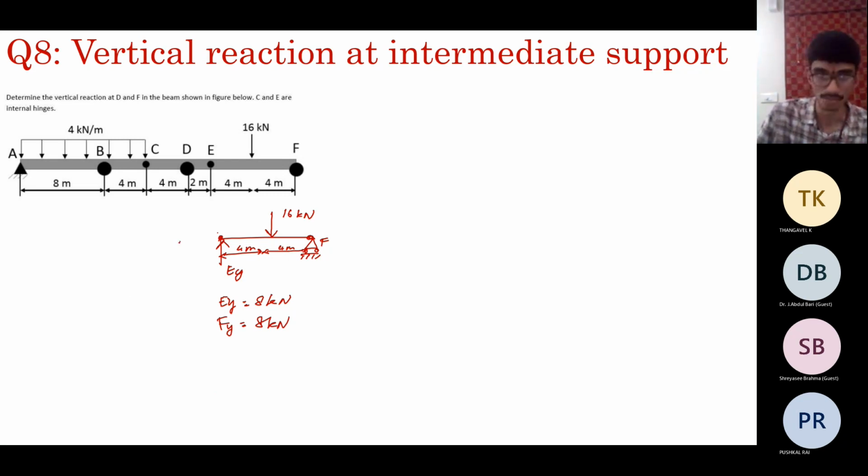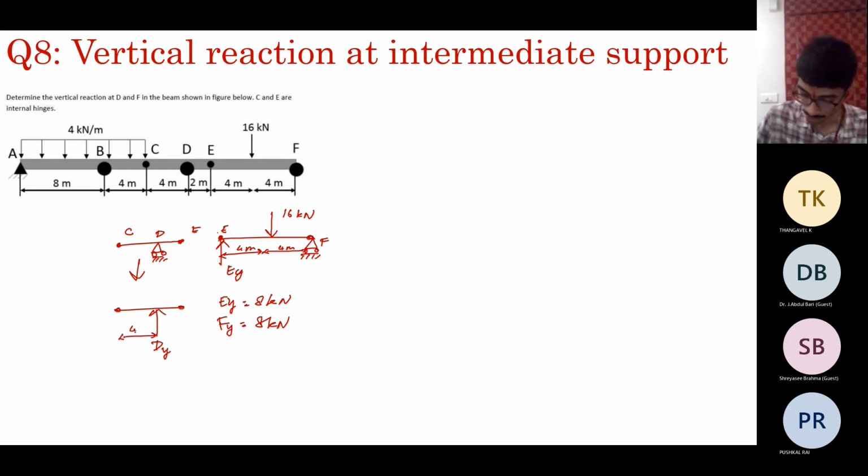Now go to the next span. This is E, this is C, which is also an internal hinge. And here you have a support D. So you have a force DY, and this is 4 meters, this is 2 meters. You don't have any loading on it, but you know that EY is 8 kilonewtons.